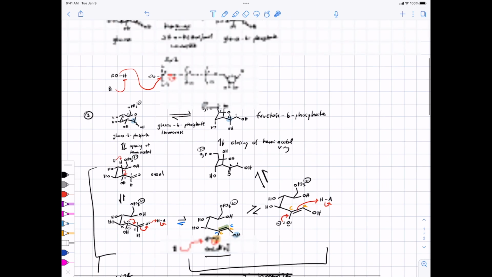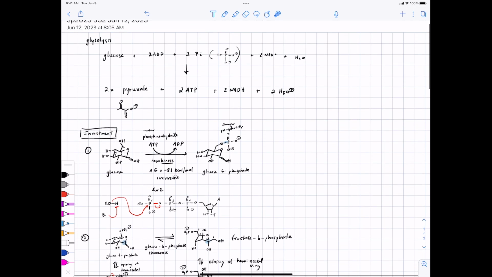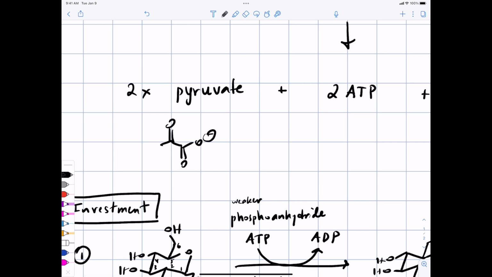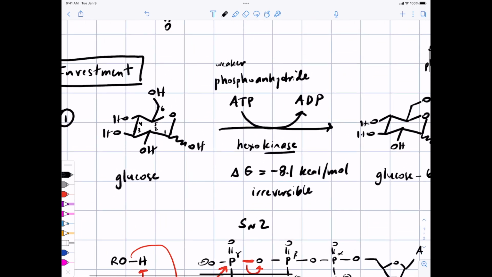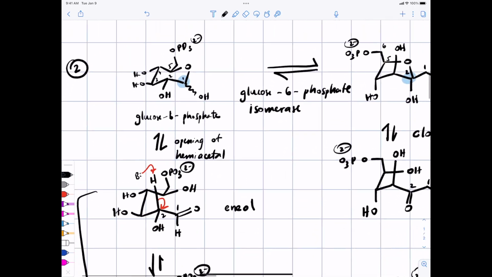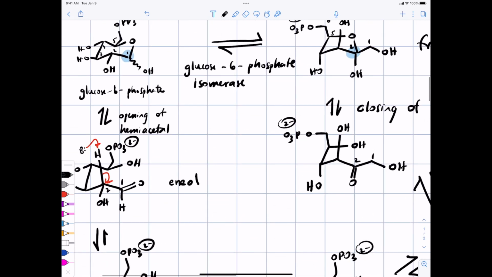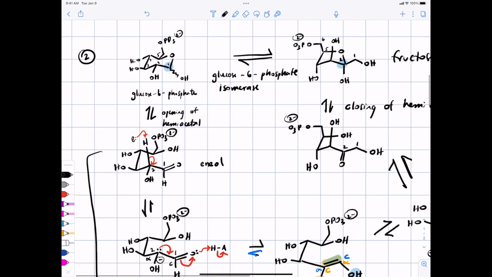Remember that overall, we're going to want to split glucose into two 3-carbon pieces, okay? So I want you to look at, in particular, the open chain forms of glucose 6-phosphate and fructose 6-phosphate, respectively.